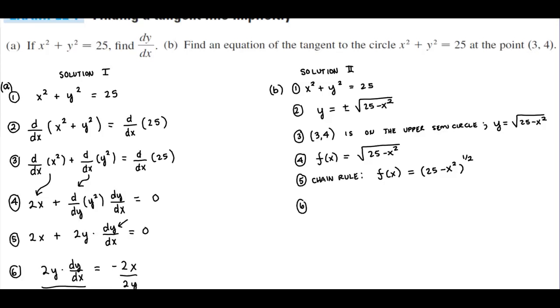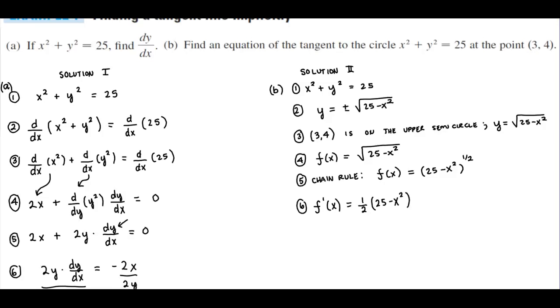In order to find f prime of x, recall that n is 1/2 times 25 minus x squared.